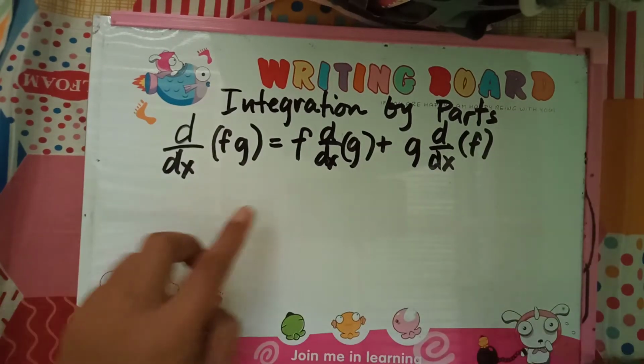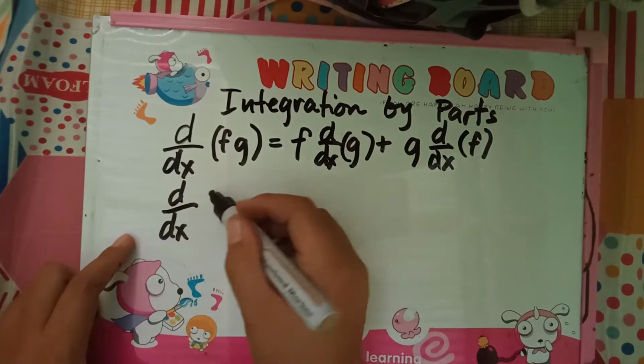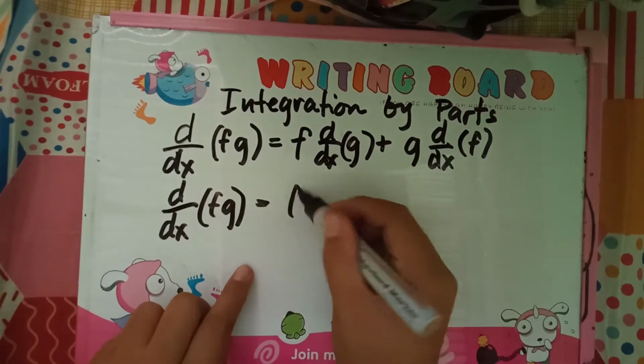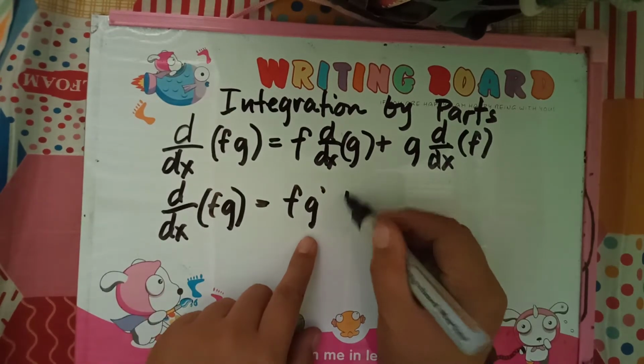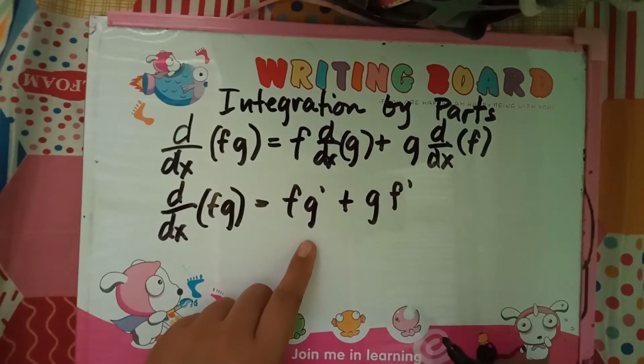Tama? Or if we are going to rewrite this, magkakaroon tayo ng derivative of f and g, f multiplied by derivative of g plus g multiplied by the derivative of f.